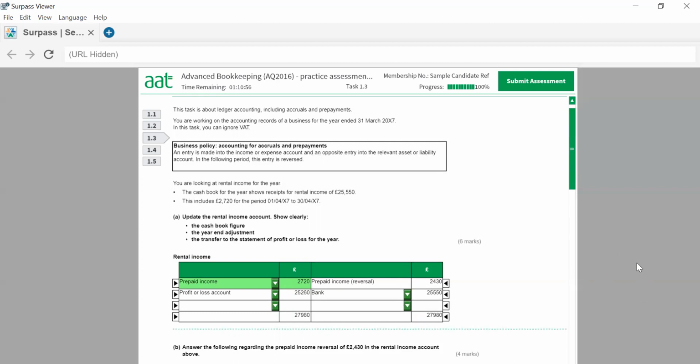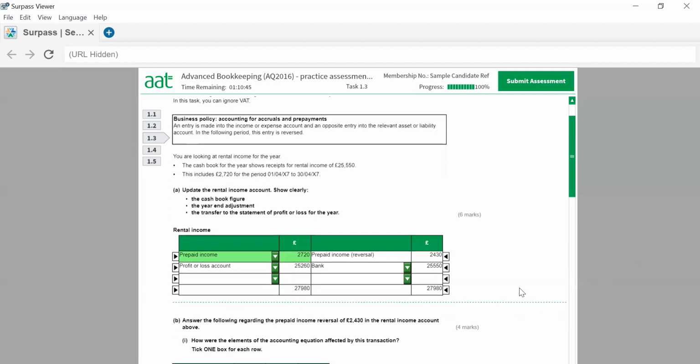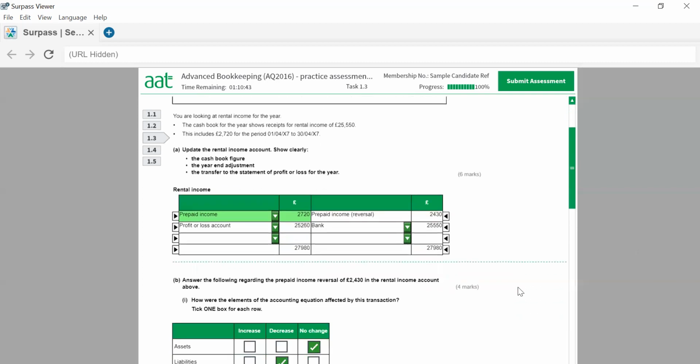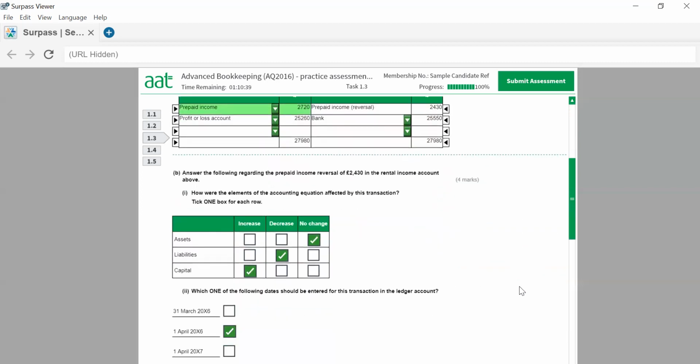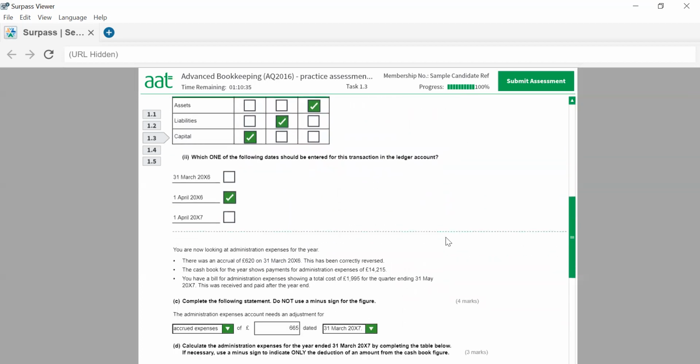And that would have been the 31st of March 2007. When you reverse it, it goes to the 1st of April 2007, okay? So I'm just trying to take you through the next stage. I hope it's not confused you too much. But anyway, this one would have been the 1st of April 2006. Next one.